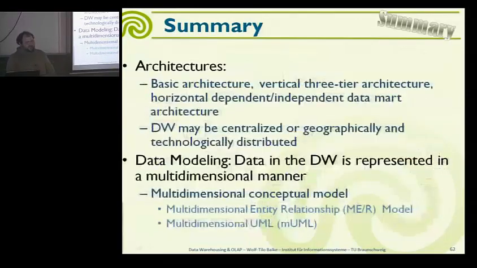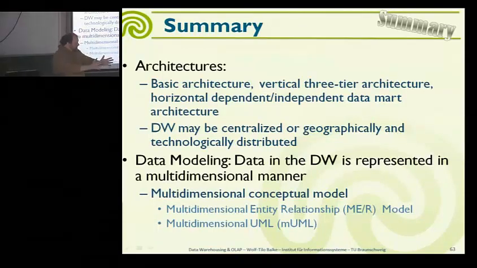Yes. Okay. Summary for today. So we talked about different architectures. We talked about basically the vertical and the horizontal architecture, right? The idea between those is that in the vertical architecture you separate the ETL process from the actual application, or for each of the different applications, you build its own ETL process, right?